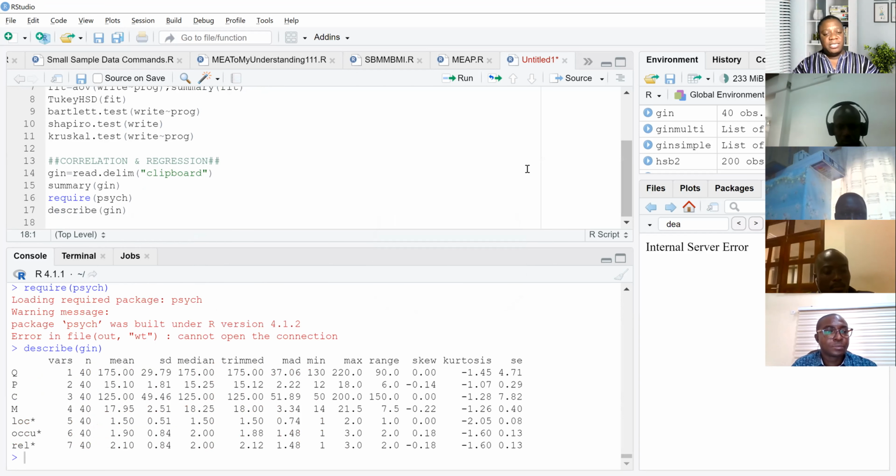When you run it, you will see it all being given to you down there in the console. Now you can see there are more descriptive stats being given: the mean, the standard deviation, the median, the median absolute deviation, the minimum, maximum, range, skewness, kurtosis, standard error. All of them are being given to you.